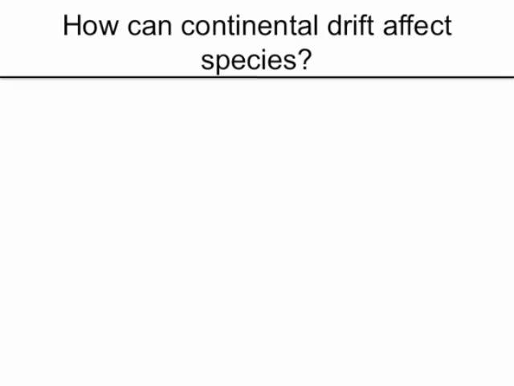So how can continental drift affect species? In what ways do you think this would affect species in terms of evolution? So what kinds of things are happening? Separating species that may have started in one area.